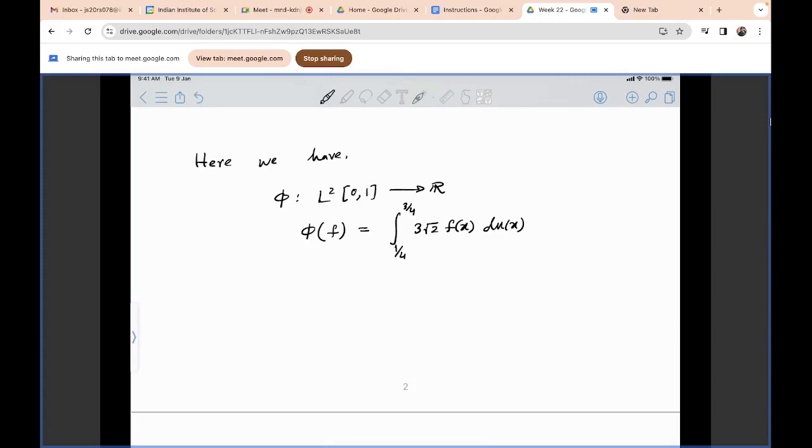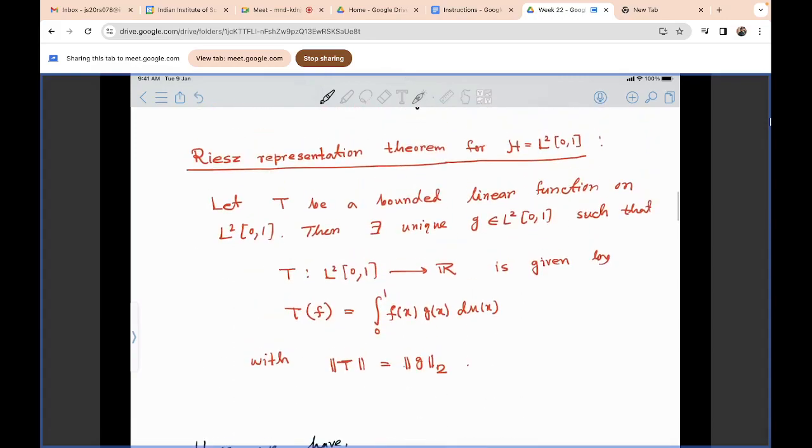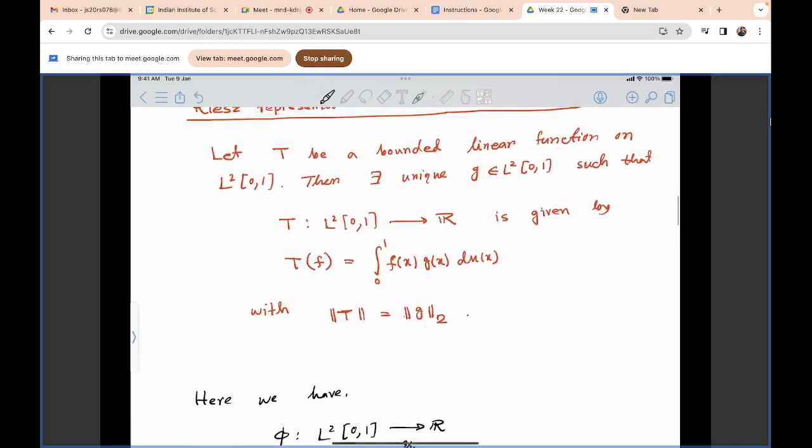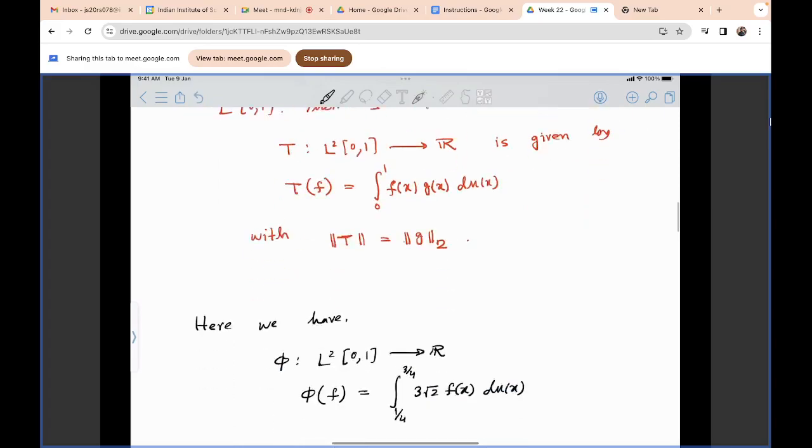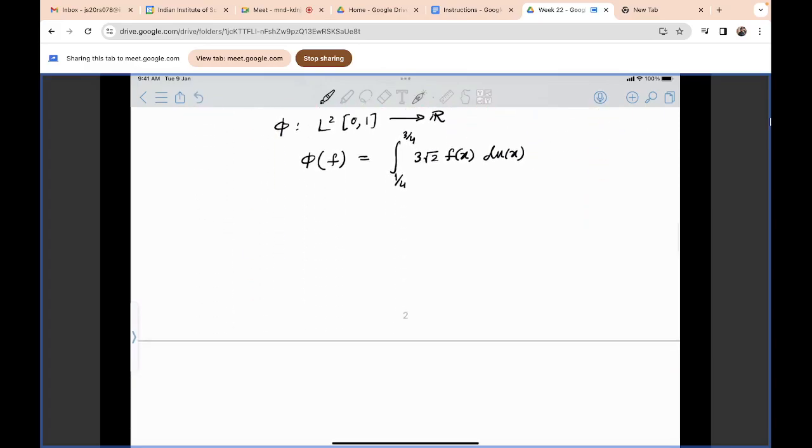So in order to calculate the norm of phi using the Riesz representation, first we have to show that this is a bounded linear functional. So let's check that phi is a bounded linear functional.